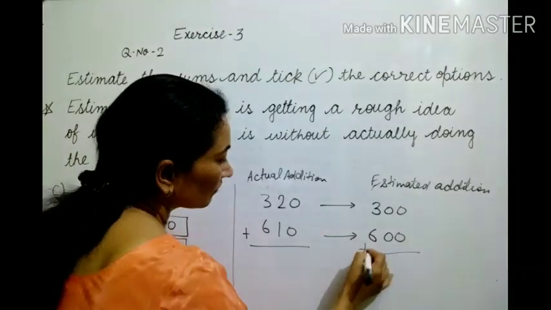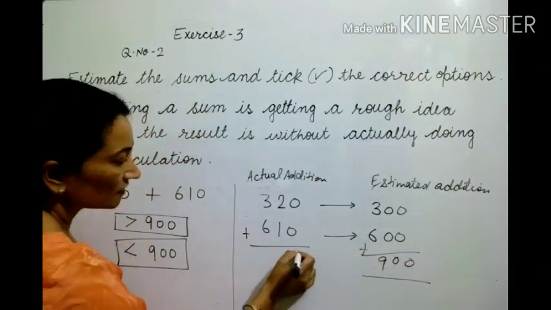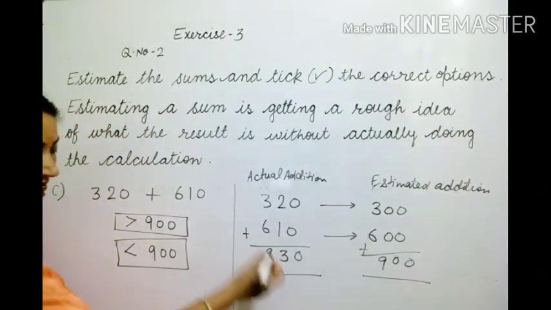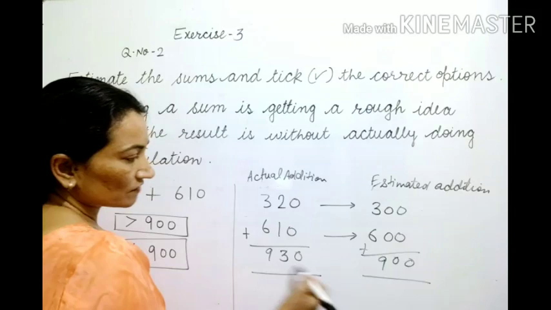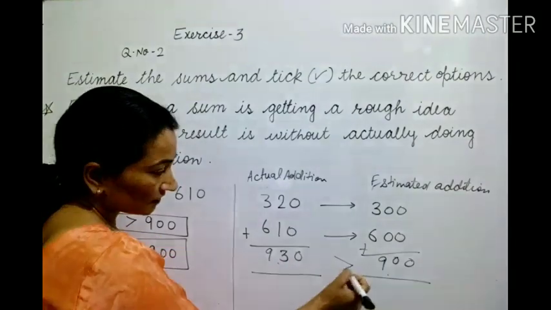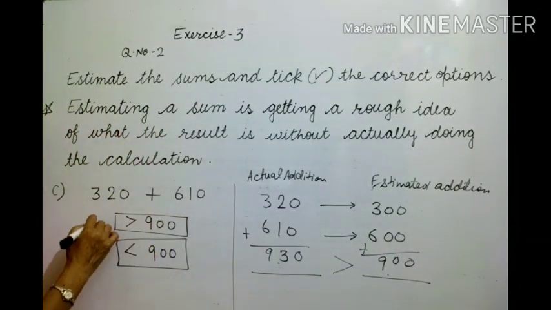Okay, now we will add. This is 900 and this is 930. So we will compare now. Which value is greater, 930 or 900? 930 is greater. So our answer will be greater than 900. So we will take the upper option. Hope you understand question number 2.